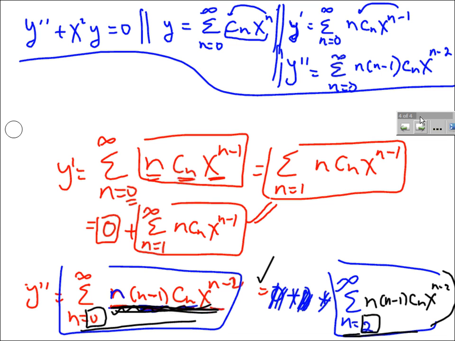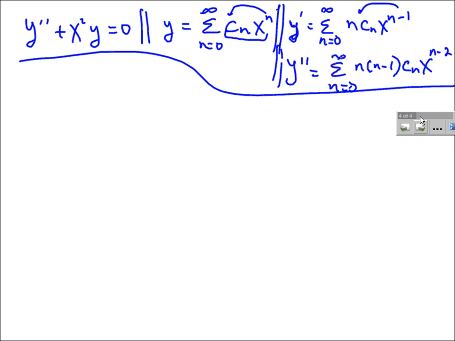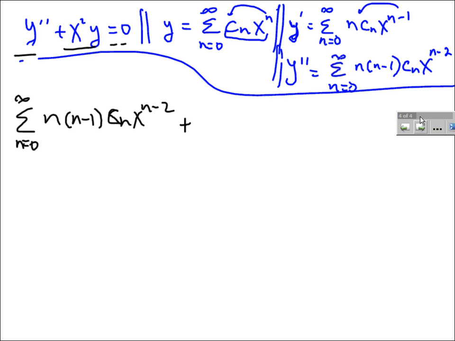Okay. So what we want to do is write down this equation at the very top using sigma notation. It is y double prime, n goes from 0 to infinity, plus x squared times y.